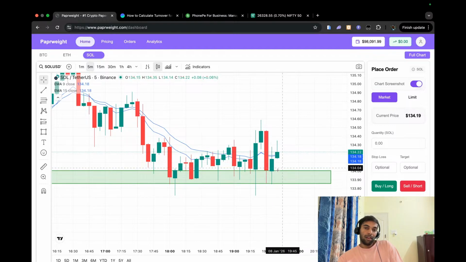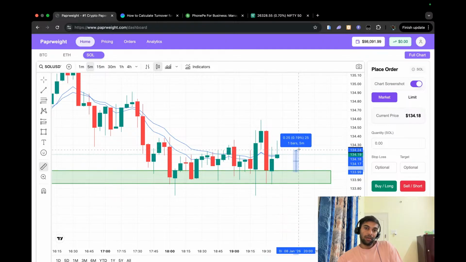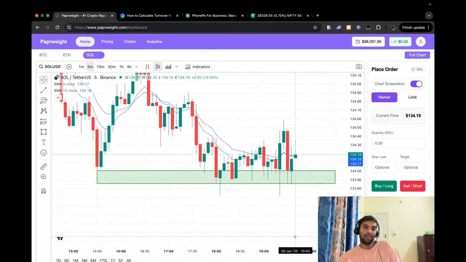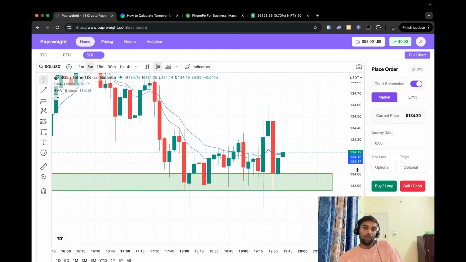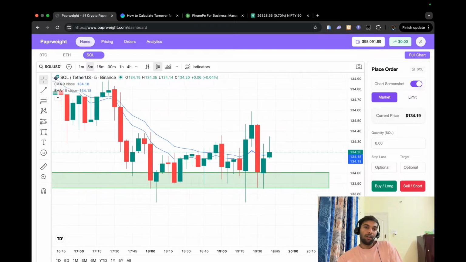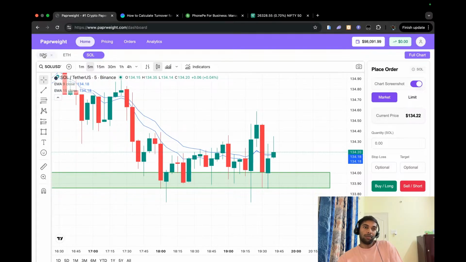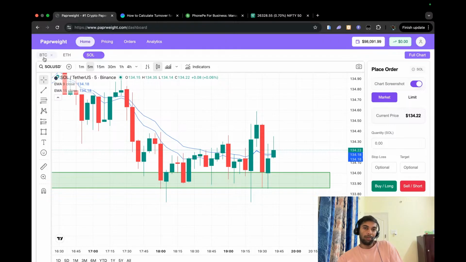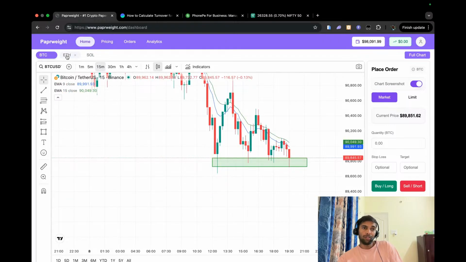So this is nice. How many points is this? I have no idea at all. So this is 0.33 points. If anyone is doing scalping, he might be happy to take 1 or 2 points, 0.33 points. But we are looking for a big move.